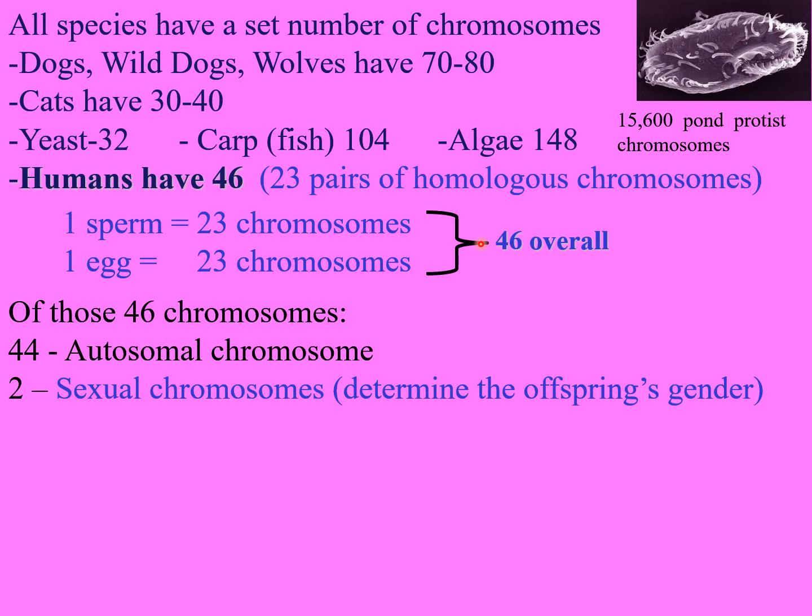Of those 46 chromosomes that are in the vast majority of the cells in your body, 44 of them, in other words 22 pairs, are what we call autosomal chromosomes. The remaining pair are what we call the sex chromosomes. These are what determine the genetic identity of offspring. Now, we're just talking genetic identity.